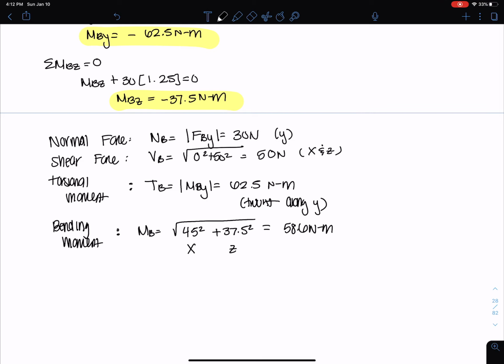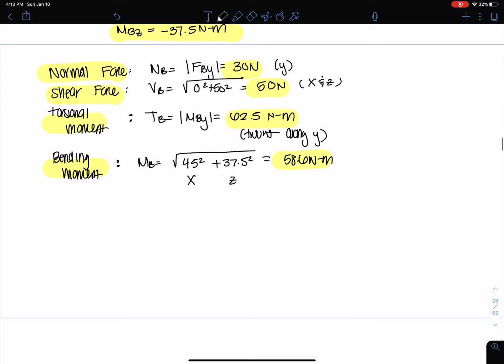Okay, remember from statics, our bending moment acts about the axes of the member that are perpendicular, and our torsional moment acts about the longitudinal axis of the member. This is how we got this.